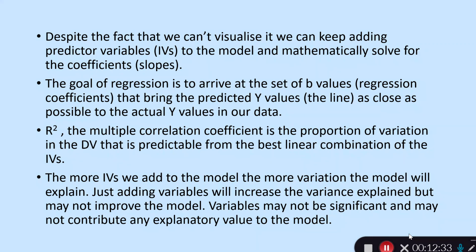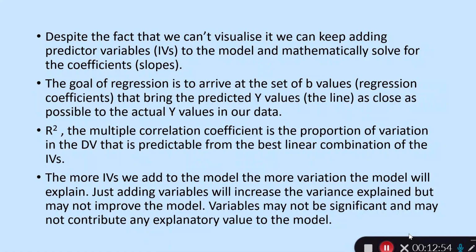And the goal is to arrive at a set of beta values, or regression coefficients, that bring the predicted y values as close as possible to the actual y values in our data set. So it's the same procedure really. We're doing least squares regression, but we're doing it with lots of independent variables.